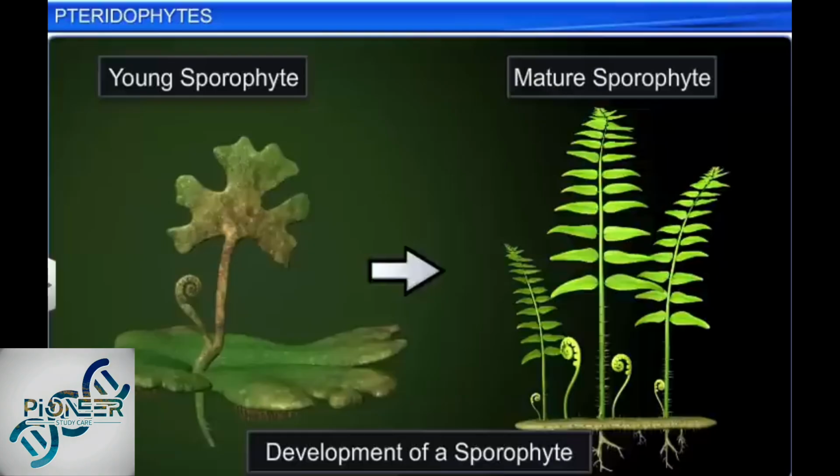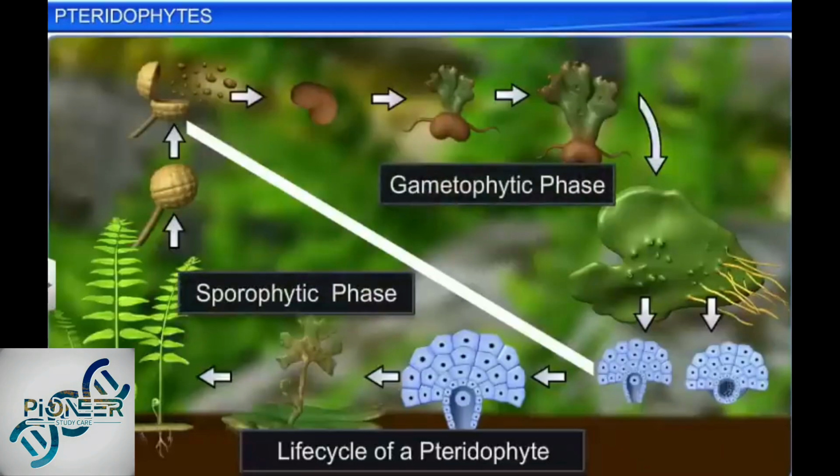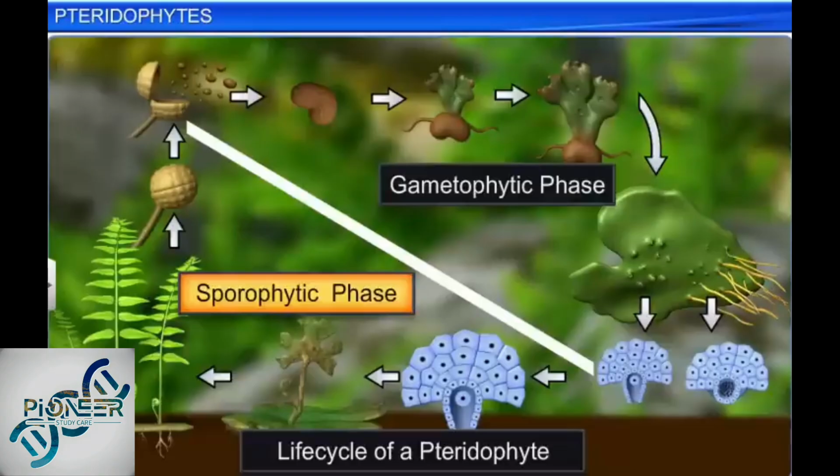This completes the life cycle of a pteridophyte, which is divided into the gametophytic phase and the sporophytic phase, the most dominant phase.